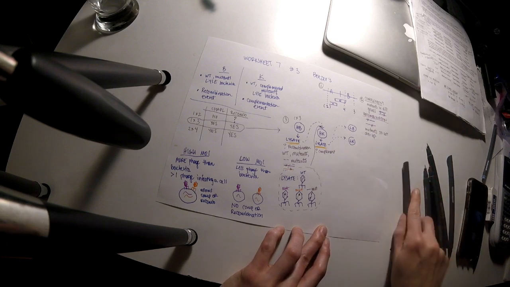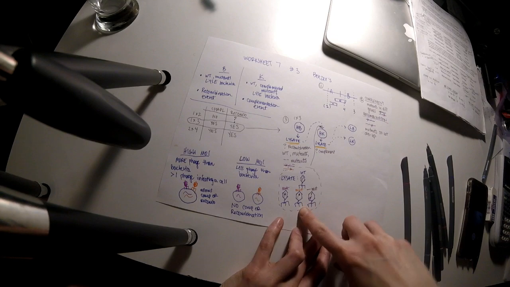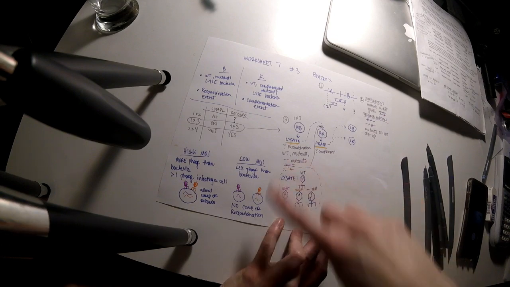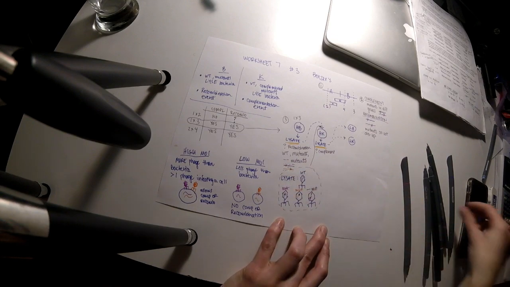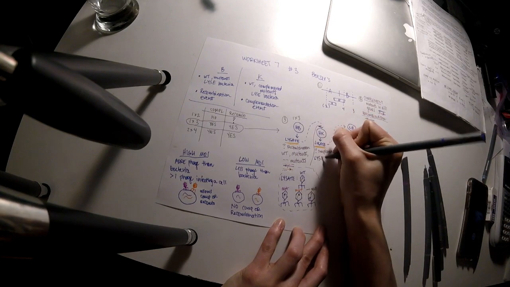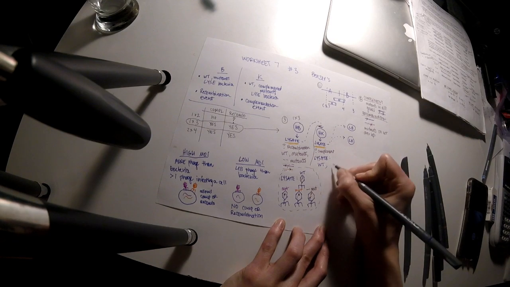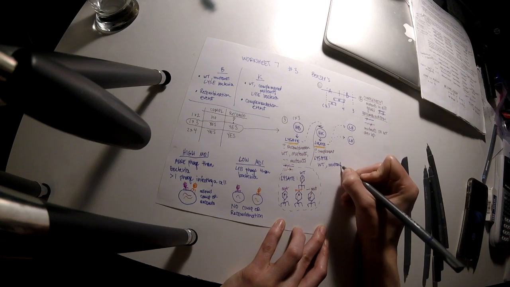So that means in our lysate, we're going to have basically the same thing here. We're going to have our wild type phage, and we're going to have our mutant phages.